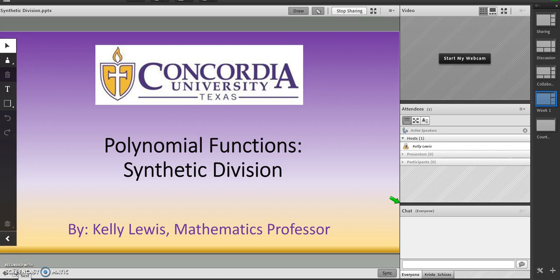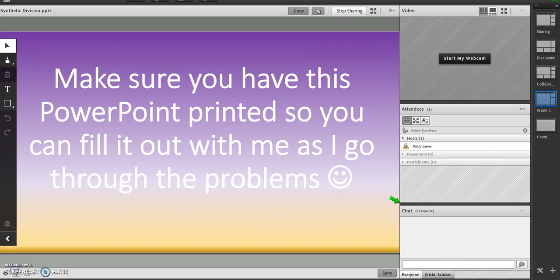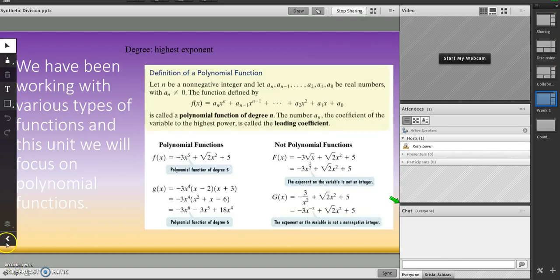All right, so this section is on synthetic division. We've been working with different kinds of functions: quadratic, cubic, quartic, linear.